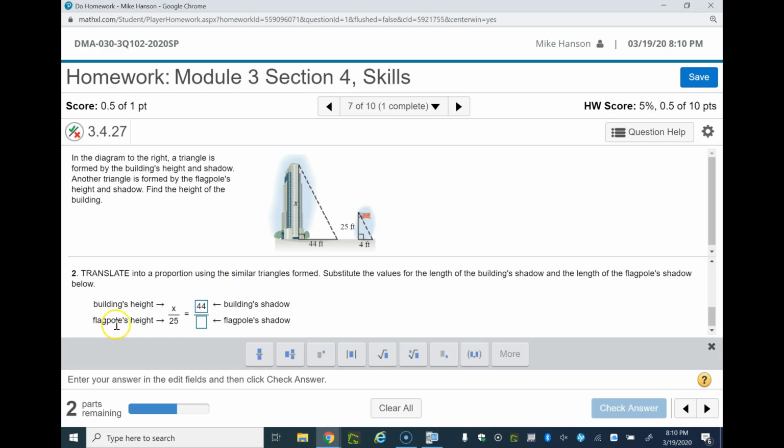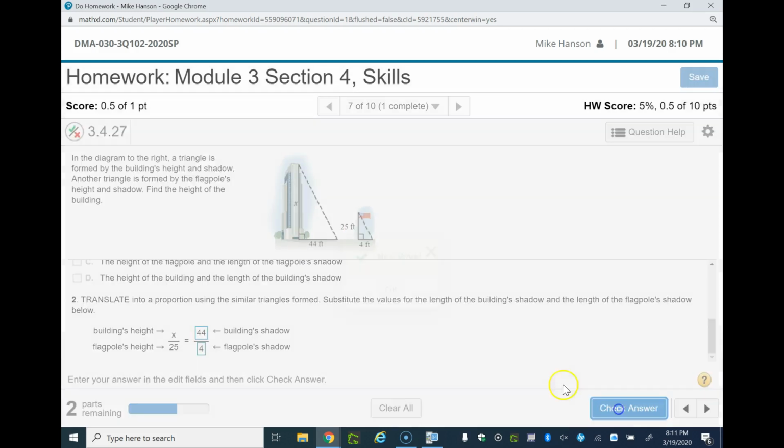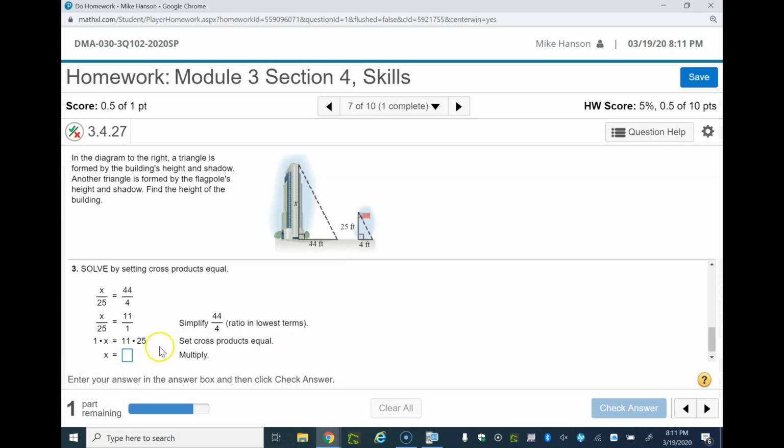And then for the flagpole height, which is here, we also need the flagpole shadow, which is going to be 4 for this one. So once we do this problem, multiply the two numbers that you have, divide by the number left over.